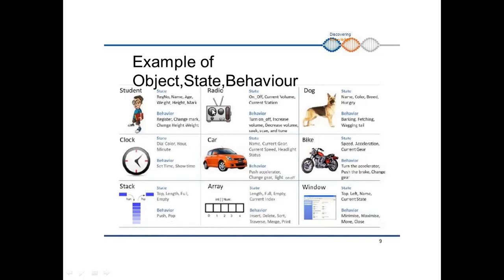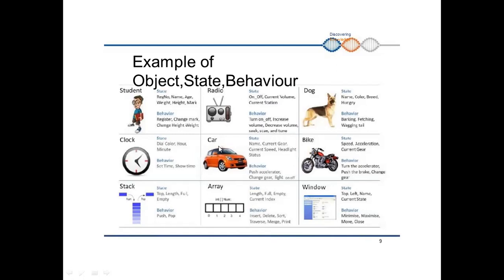So attributes for a radio can be on/off, current volume, current station. We can also consider color, any other state can be added. And behavior means functions and operations performed by the radio: turn on or off, increase volume, decrease volume, seek, scan, and tone.